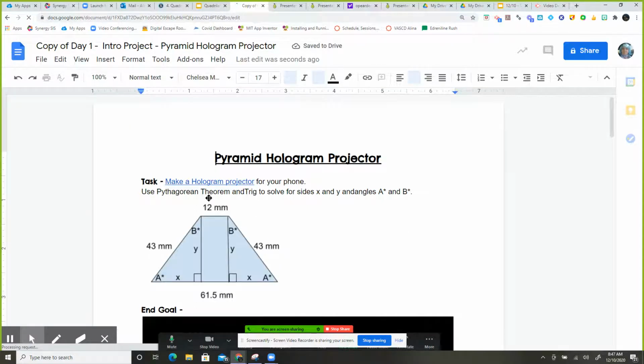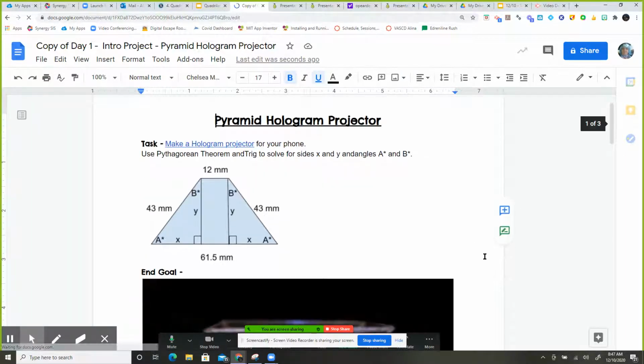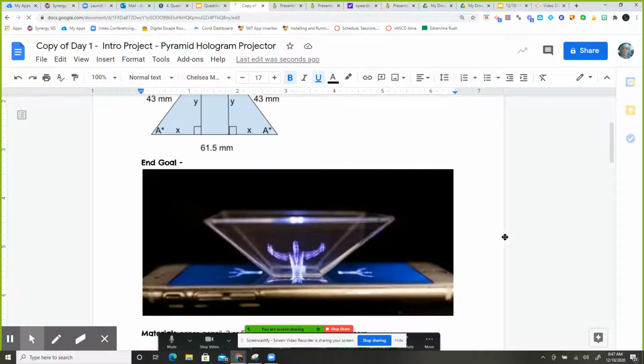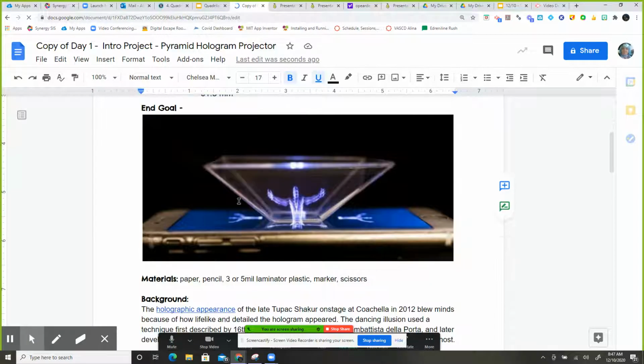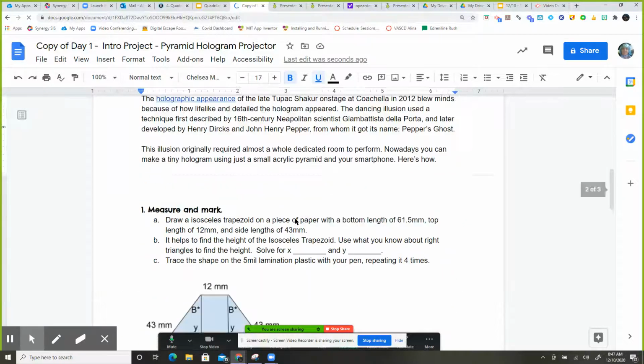So it gives you all of the measurements again. It gives you a little bit of history on where the whole hologram thing came from. Tupac was the first one to give a hologram concert. This is what it's going to look like on your cell phone. So once you make it and you tape all your edges together, you'll sit the small base on your cell phone and go to the links down here at the bottom.